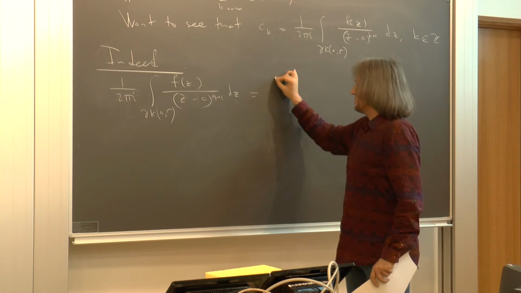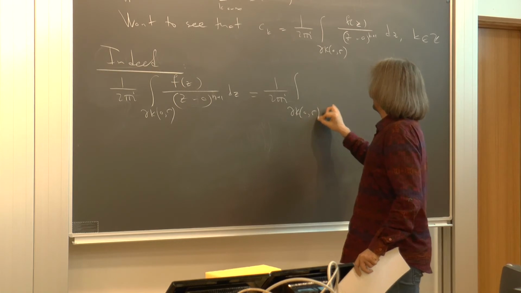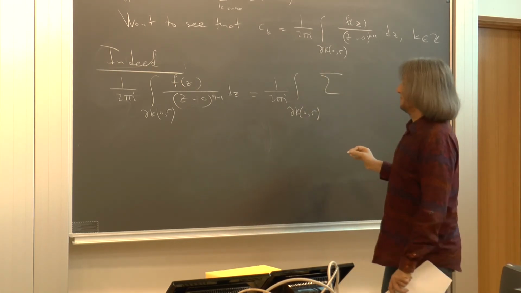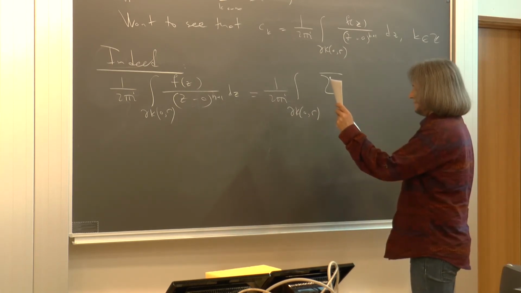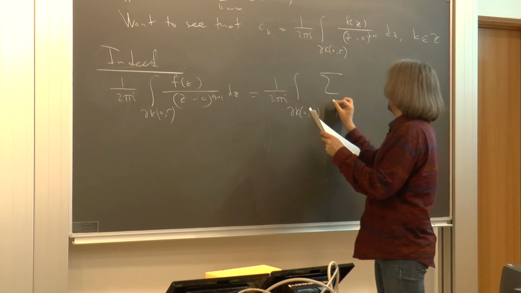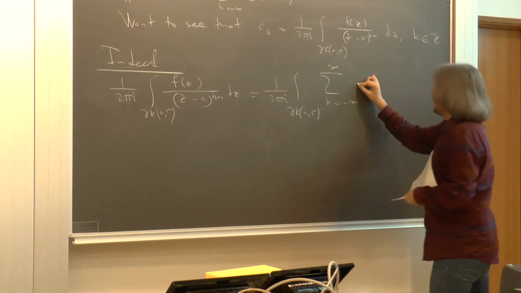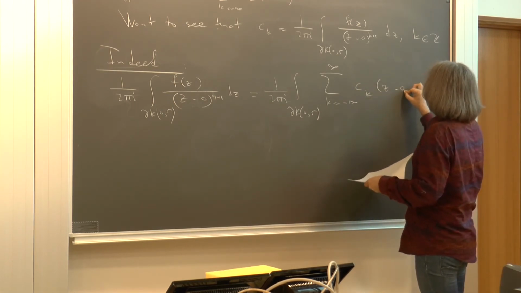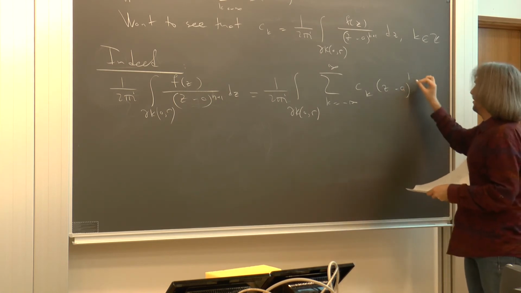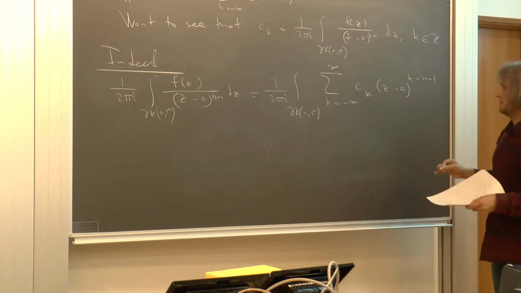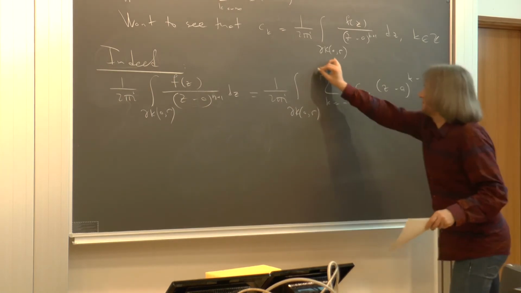So then we substitute the sum, k equals minus infinity to infinity. So let me write it as ck and then z minus a. With this shift, we'll get k minus n minus 1, because we have this denominator, and then dz.